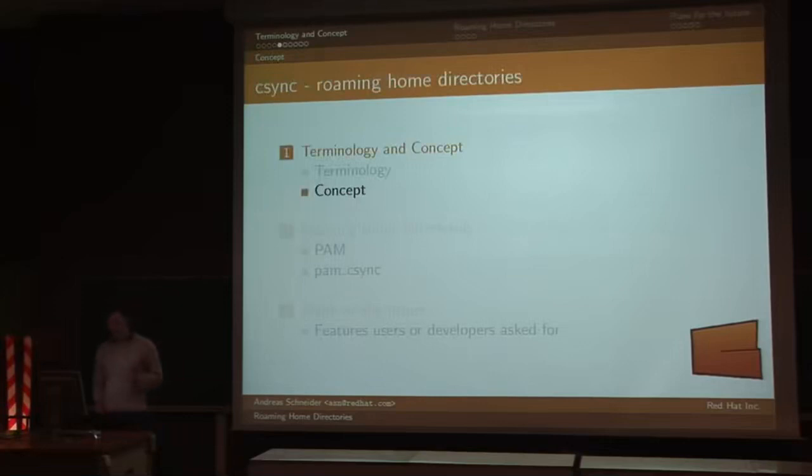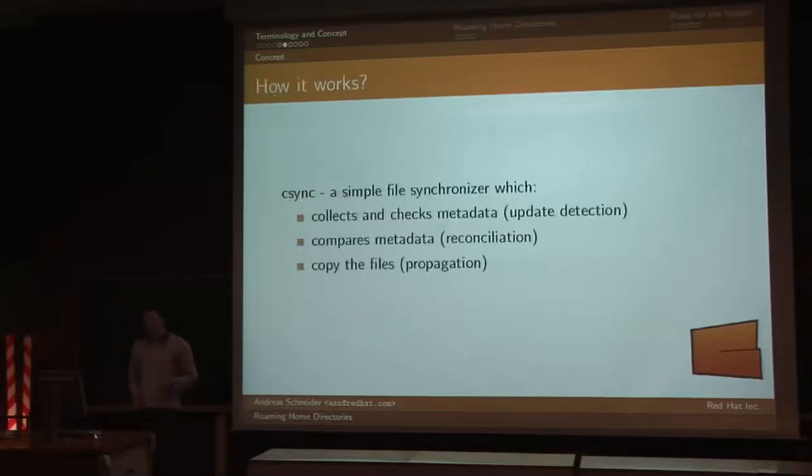So let's look a little bit at the concepts. What we have now is csync, which is a library with a simple command line client. And what csync does is a synchronization in several steps or several phases.